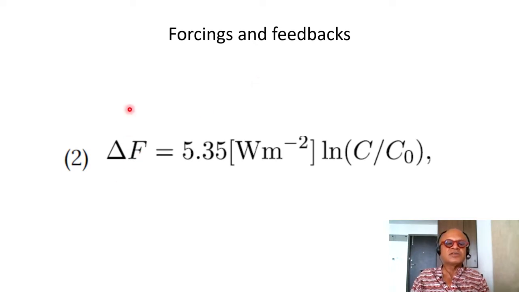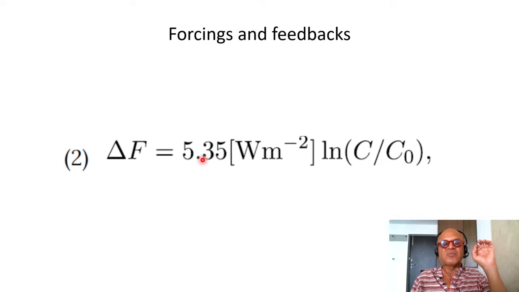So to cut the story short, we look at forcing, delta F. F is typically a symbol used for forcing, like in Newton's laws of motion. So delta F is the change in the forcing, which obviously is again radiative forcing.